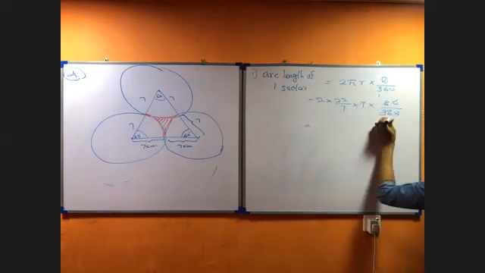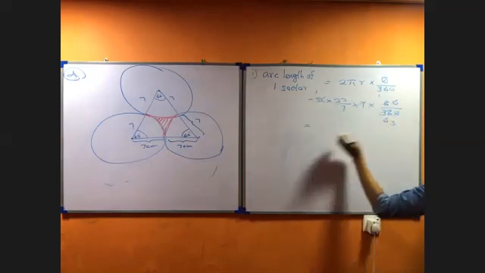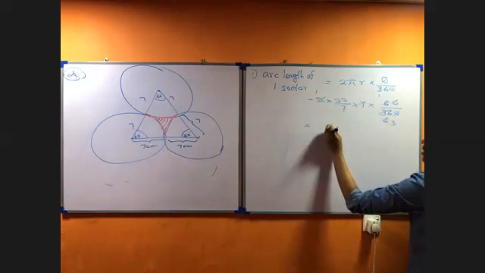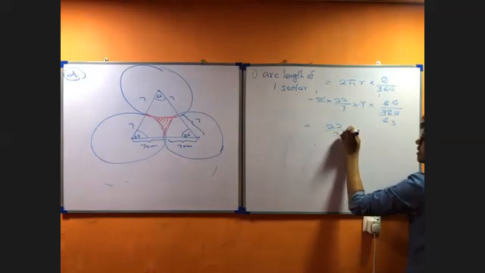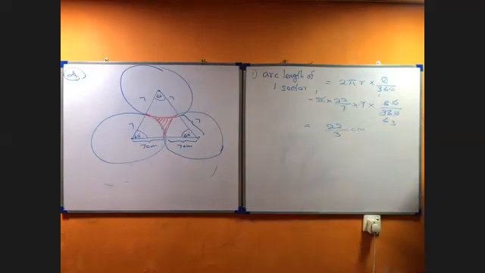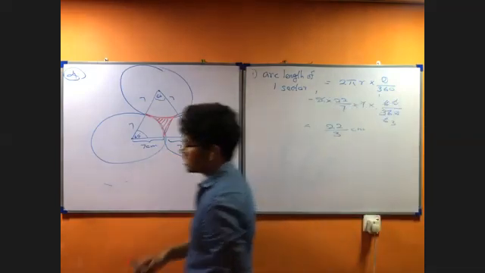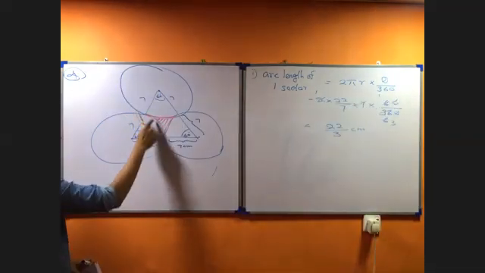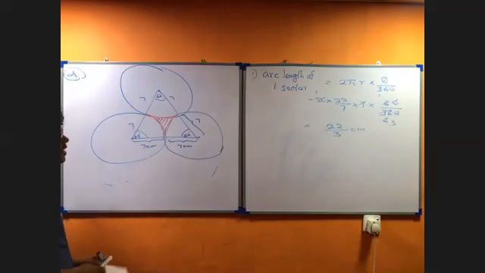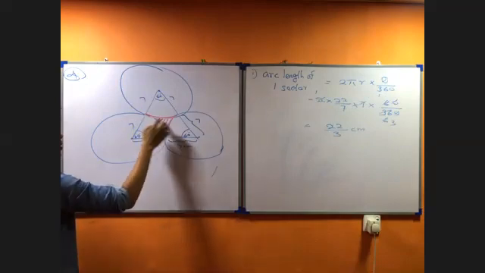Here again we can cancel 1 and 3. So that is going to be 22 divided by 3 centimeters. That is one arc, but we have 3 of them: here to here, here to here, and here to here.